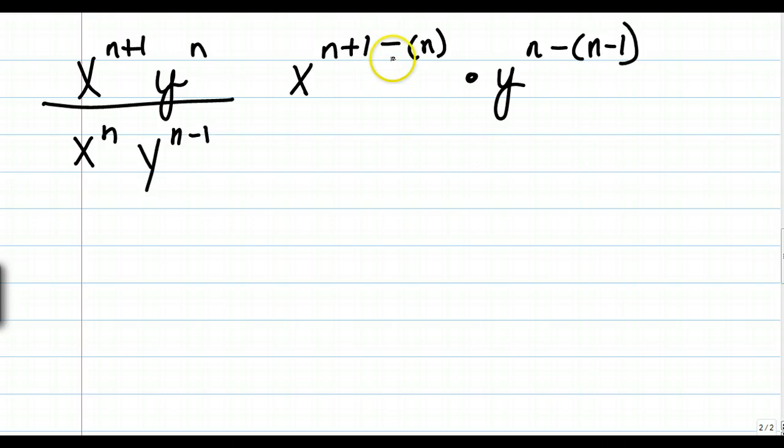So when you do the math, you know that these n's are going to go away, and I'm just going to have x to the power of 1 times, here you have to distribute that negative, so it's going to be minus plus. So n minus n, they go away, and I just have a positive 1.